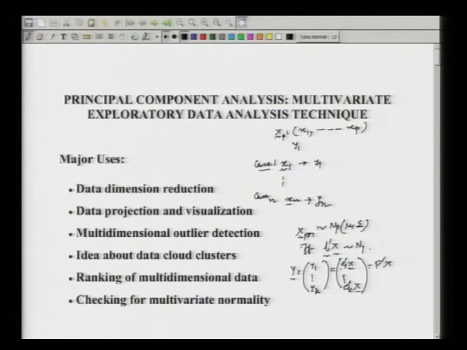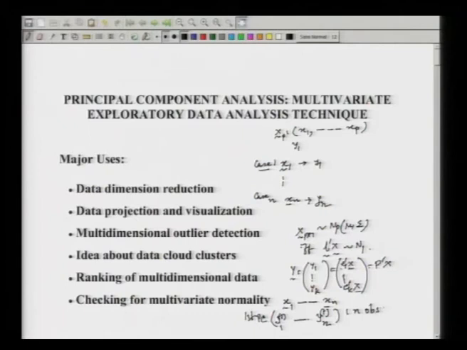You may also have a sample of size n. So, you have x 1, x 2 to x n from this multivariate normal population, and you have the first principal component. What are the observations? You have y 1 giving n observations.